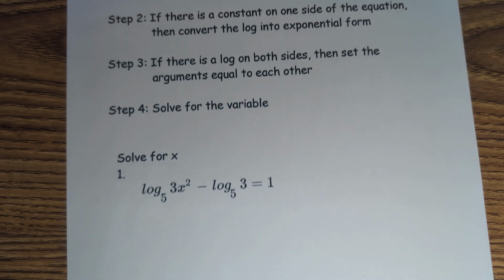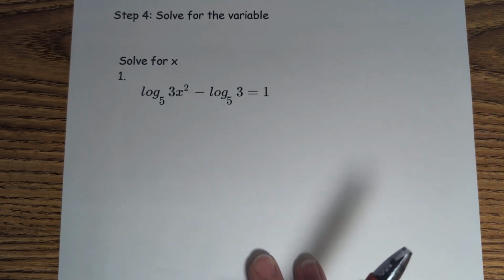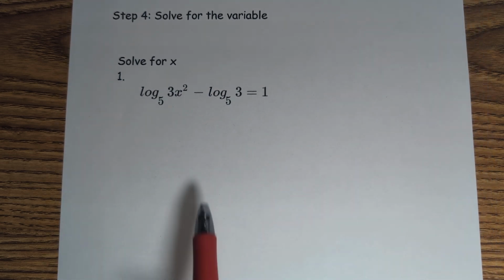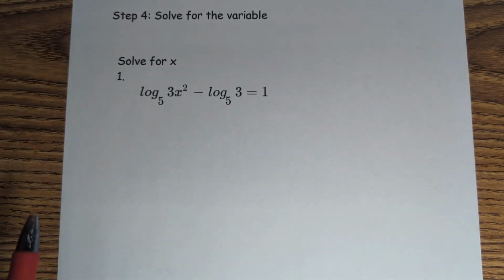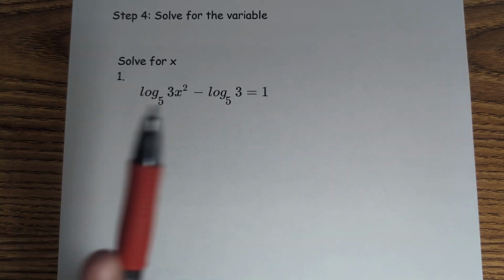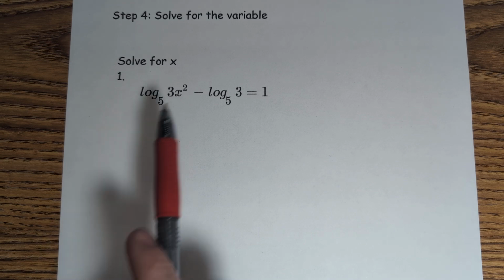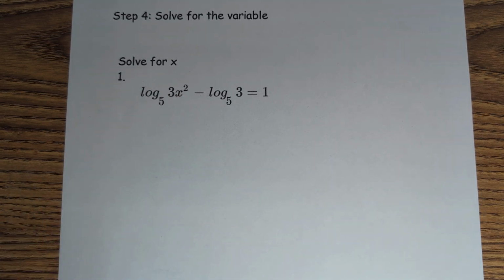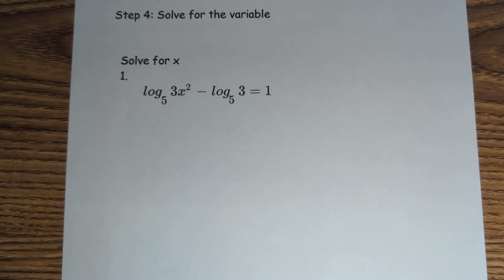So here we go. Notice, I've got an equation, I've got a couple of logarithms, and I've got some variables in there, an x right here. First, I have to combine my multiple logs together into one log. I need to condense them.